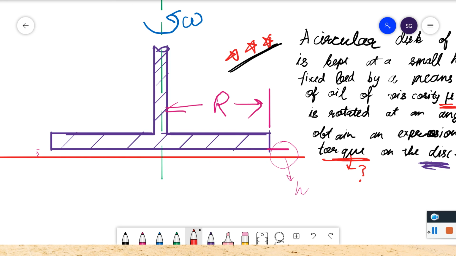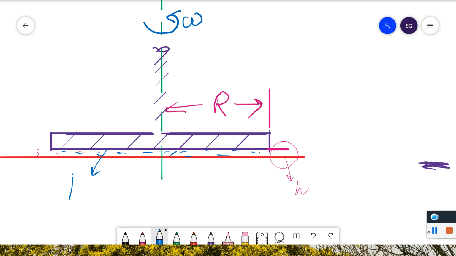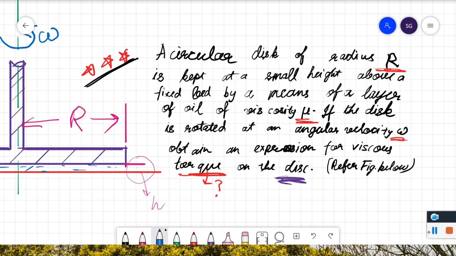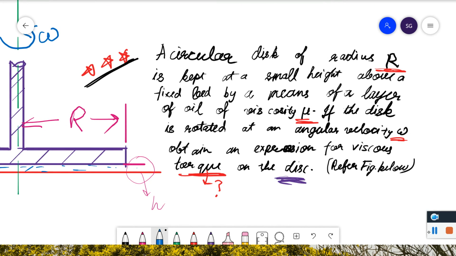This is oil actually. This is mu, this blue one. And here it is omega, angular velocity omega, it is rotating. And for that we need to find out the torque on the disk.